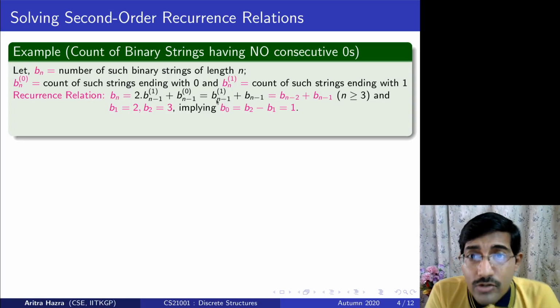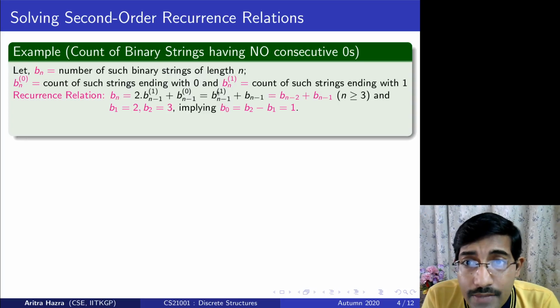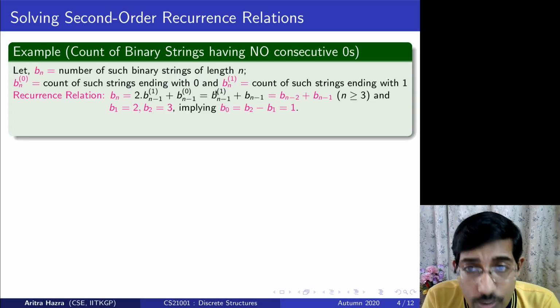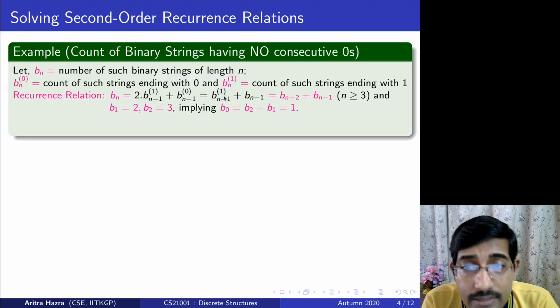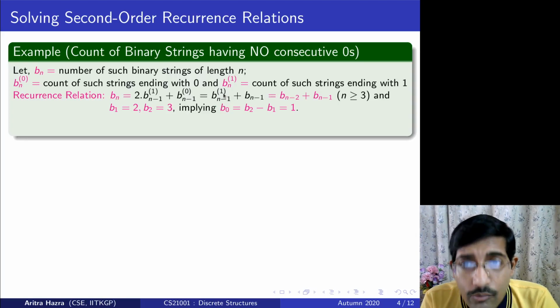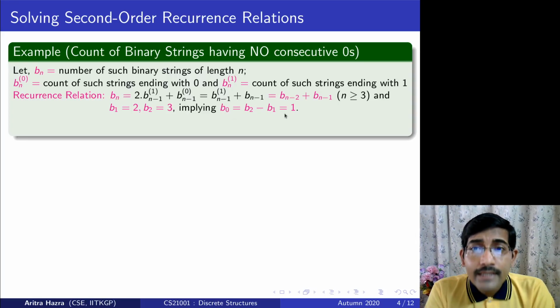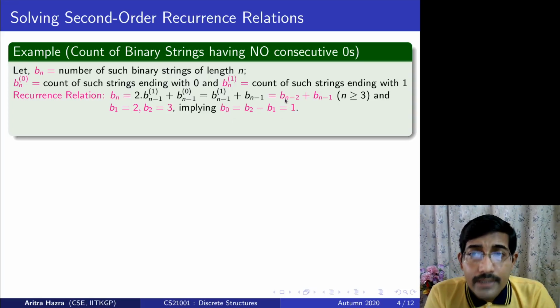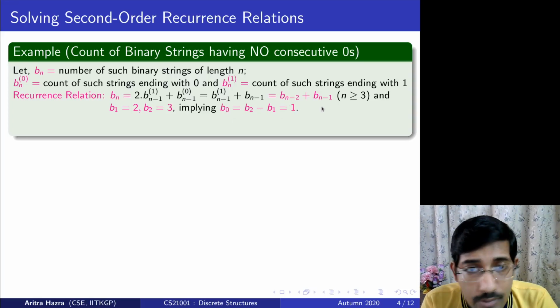Why? Because the n minus 2 length strings ending with 0 must be appended with 1 to form an n minus 1 string ending with 1.